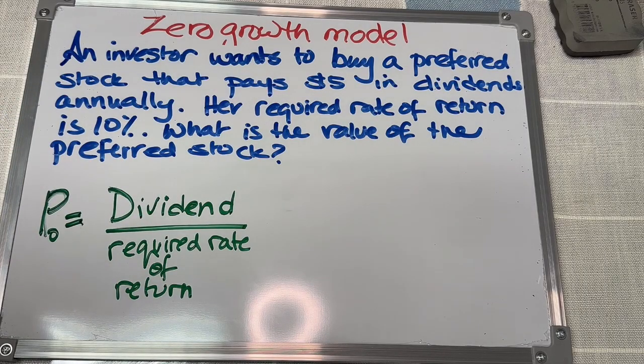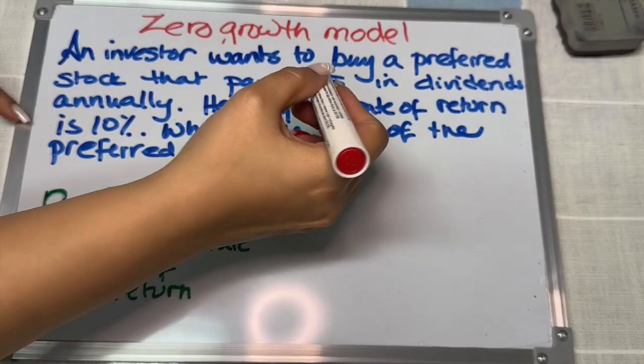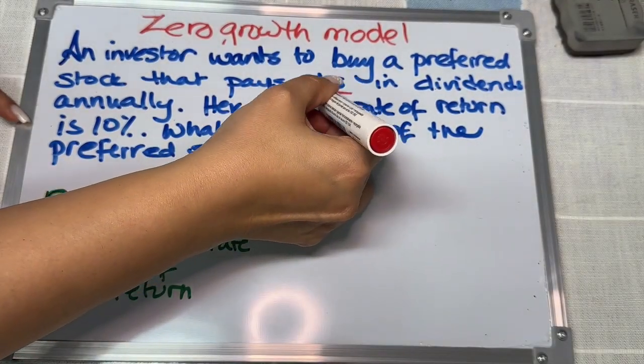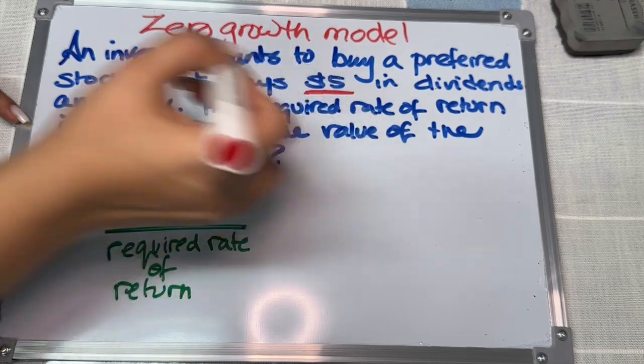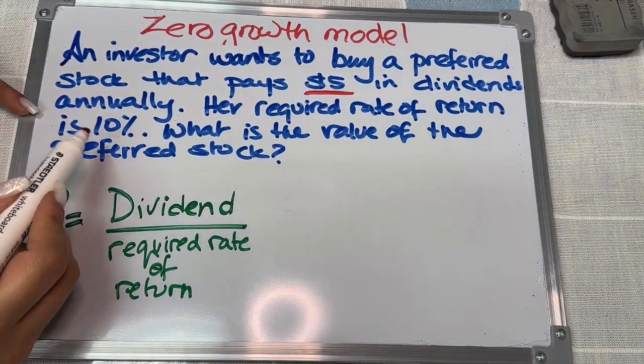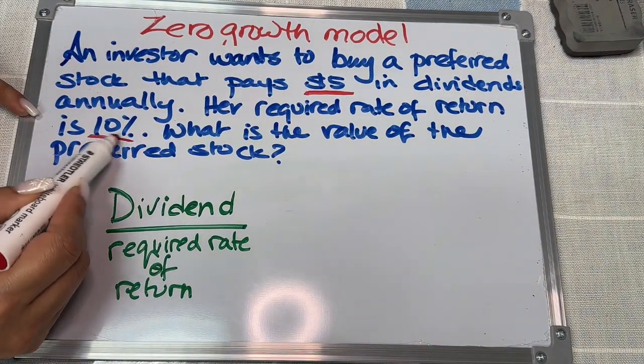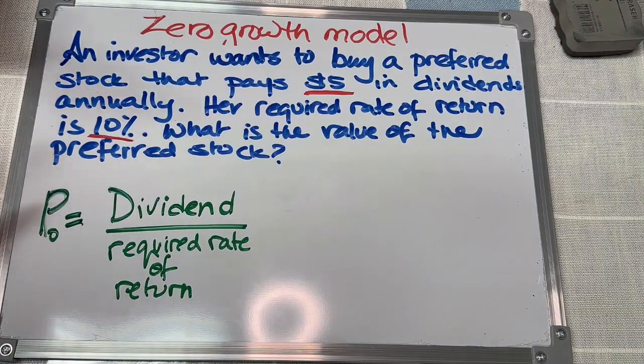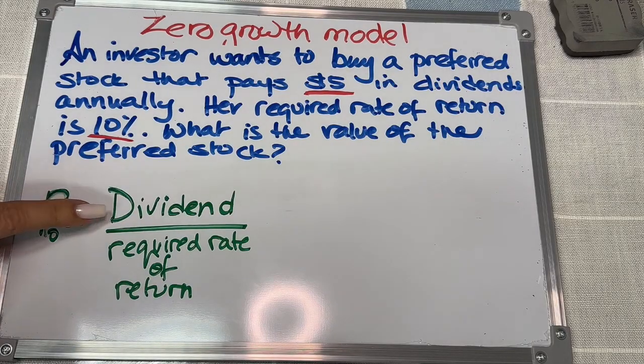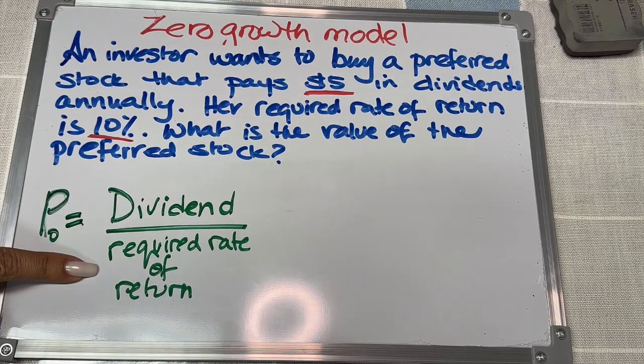Okay, so again, the preferred stock pays $5 in dividends and her required rate of return is 10%. The formula to calculate the value or the price of the preferred stock is dividend divided by the required rate of return.